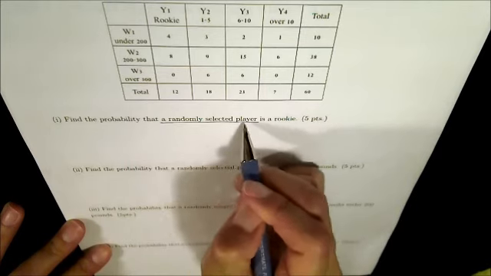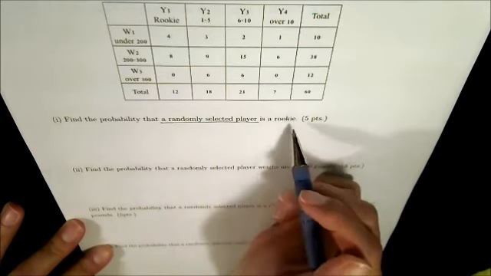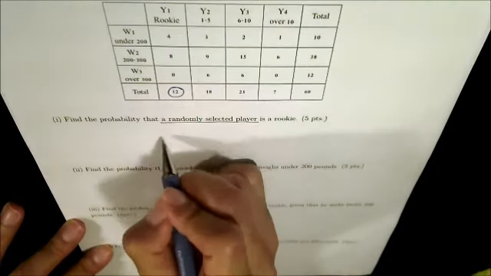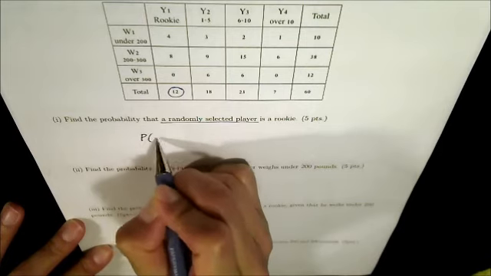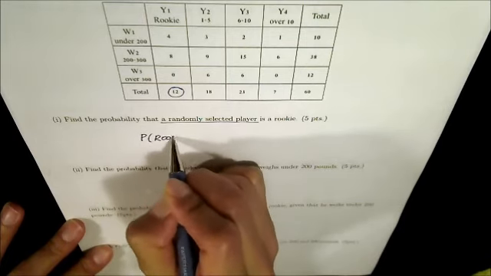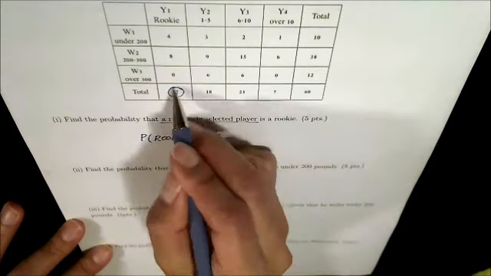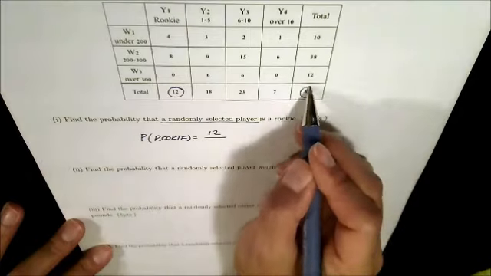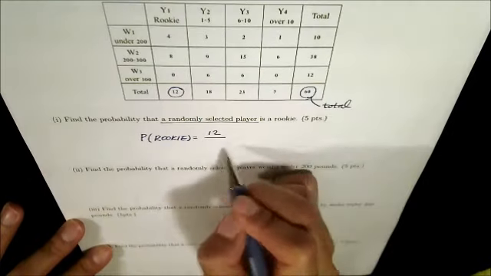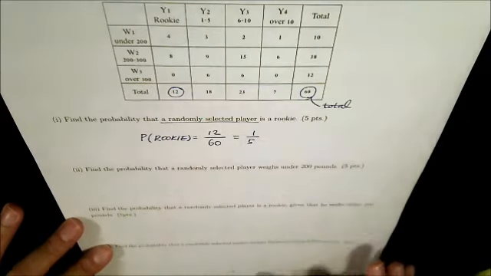How many rookies do we have? 12. So the probability that a randomly selected player is a rookie is 12 rookies out of how many? The total, which is 60. You can simplify it to 1/5.